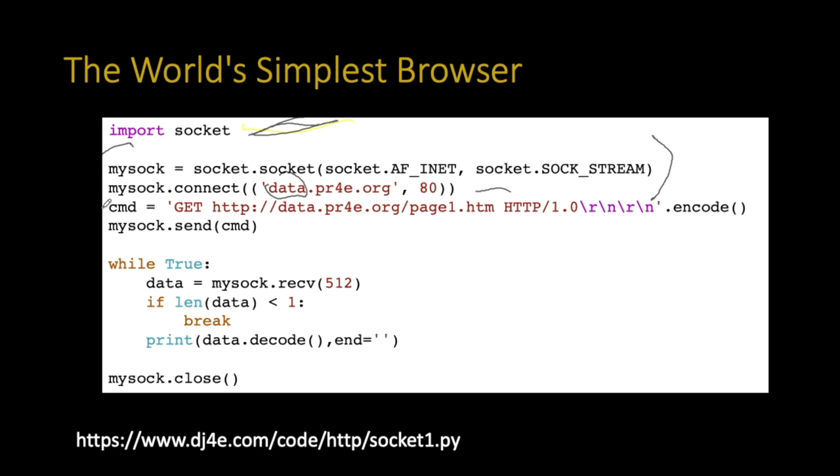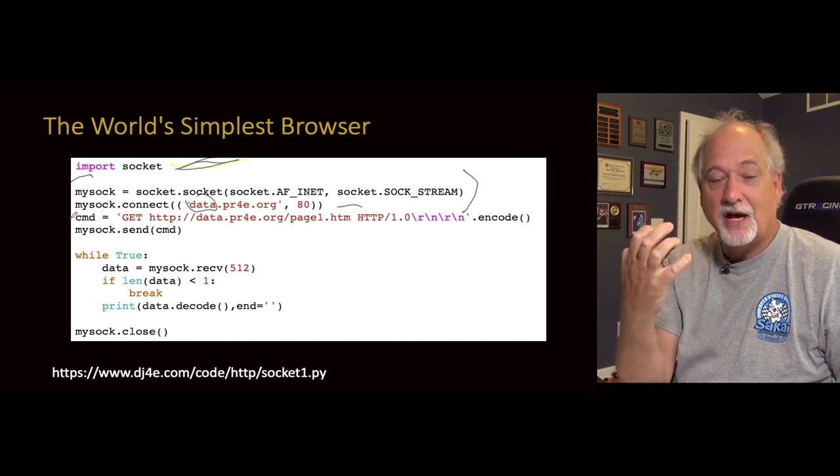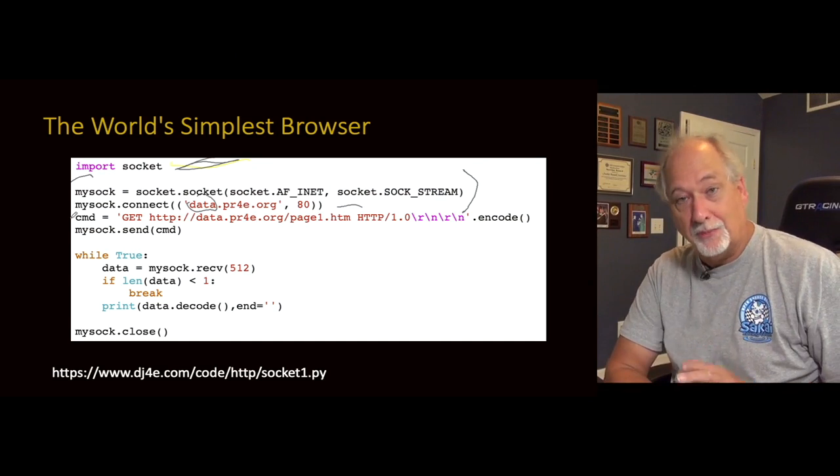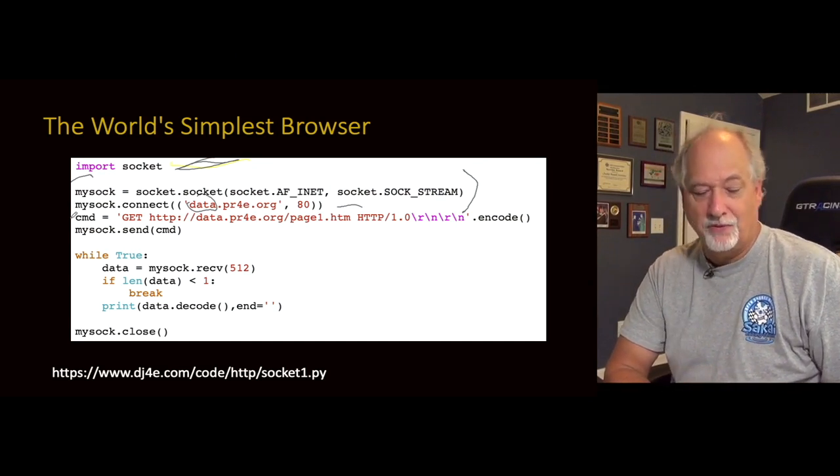So connect might blow up. Socket.socket won't blow up, unless you don't have networking at all in your computer, but that's unlikely these days. But mysock.connect is like dial the data phone to this endpoint, and it includes the port 80 that we talked about before.